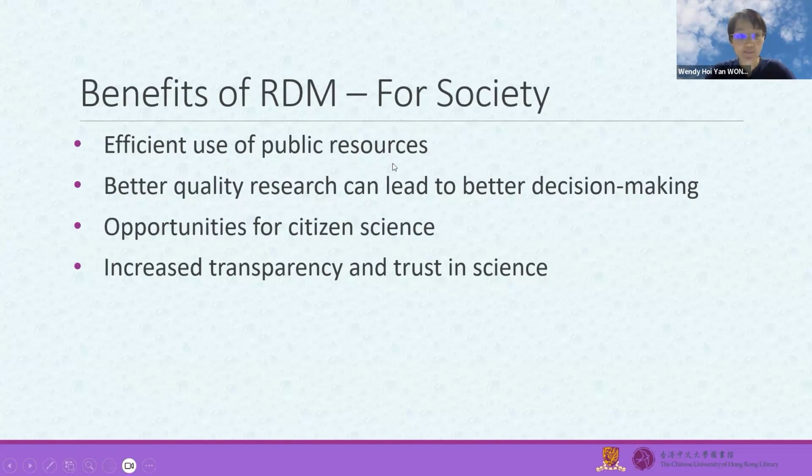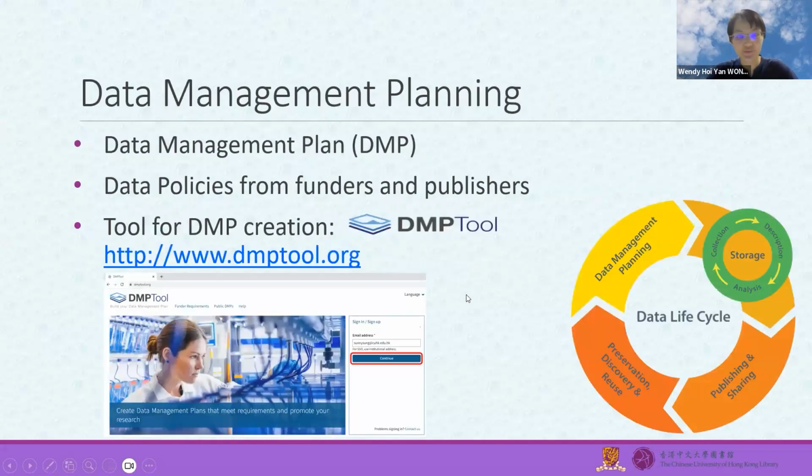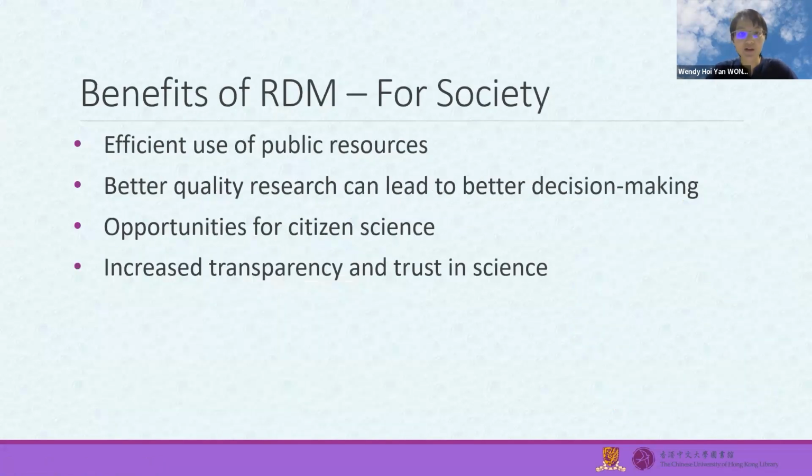And it also increased the chances for citizen science in the open science scheme, it increased the transparency and trust in the science. For transparency, it means you open up your research data and someone else can check whether your research output, research statement is valid.